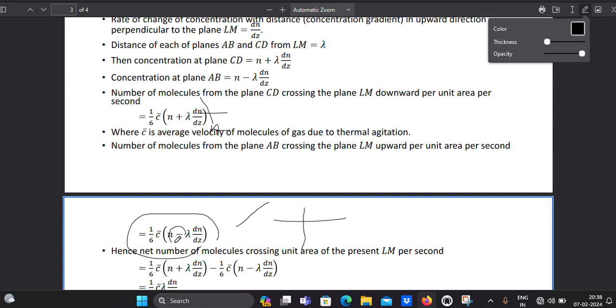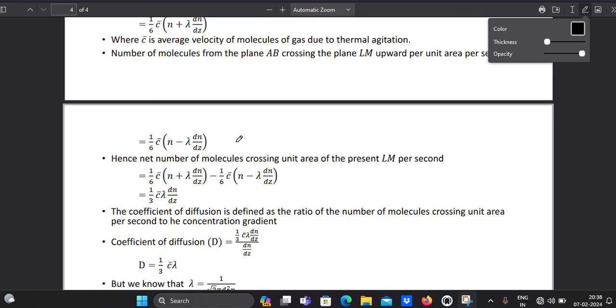Bottom means the negative side, the low value, and the top side means the high value is present. So it is downside, and this is upside. Hence, the net number of molecules crossing per unit area of LM per second.